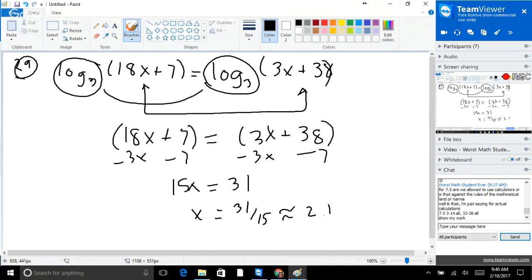All right, so do you guys want to see one more from that section? Anybody have a preference? 13 through 23? I know, is anybody still here?